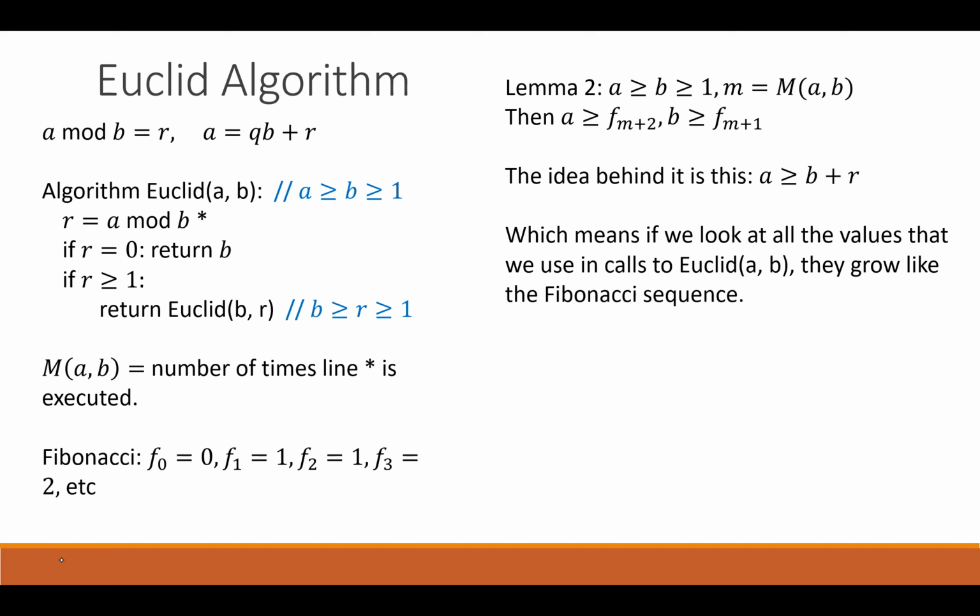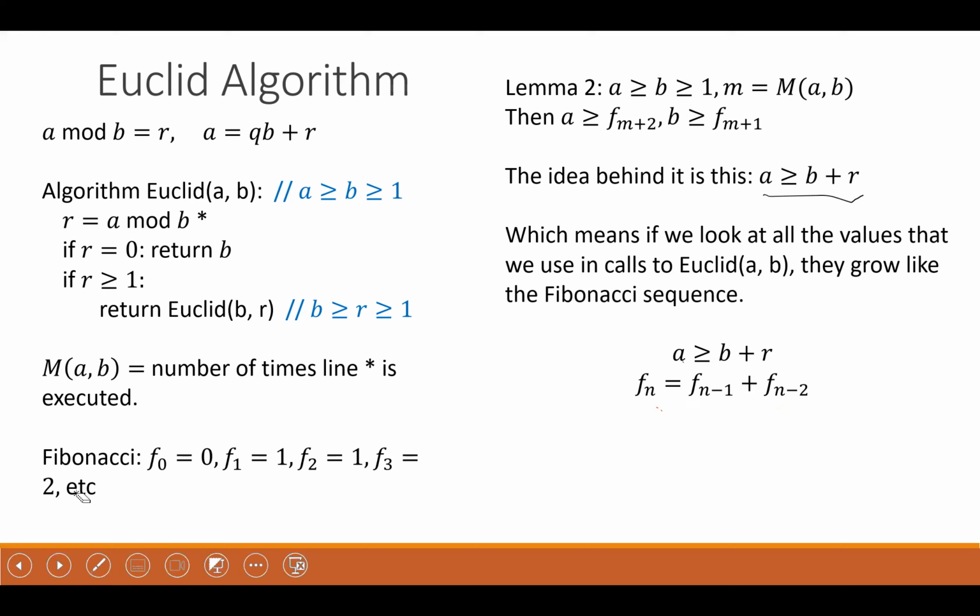So the idea behind the proof is that we have A equal to some number Q times B plus R, which means that A is at least B plus R. So we have sort of a Fibonacci feel to it. Fn equals f of n minus 1 plus f of n minus 2, and A is similar, but perhaps even bigger because Q might be greater than 1.